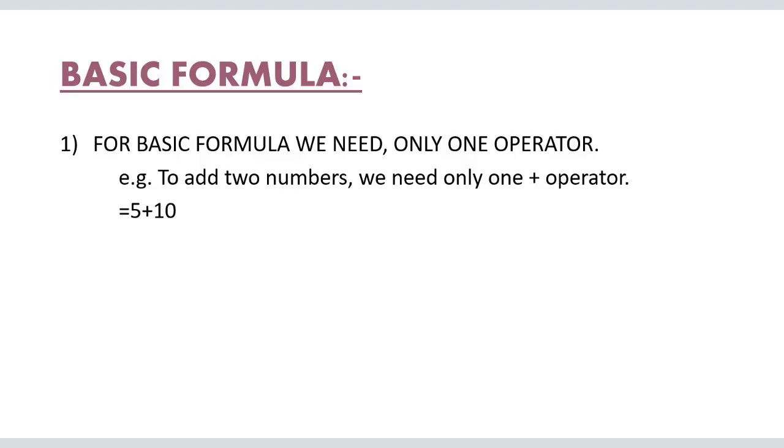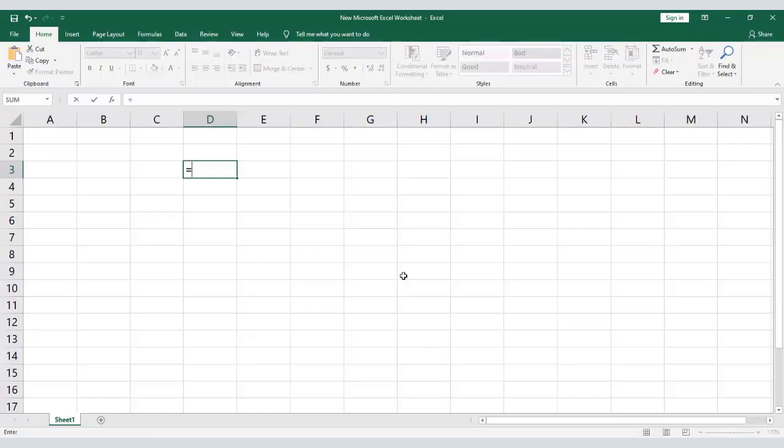I will show you here. Now I am going to add two numbers, 45 plus 34. The value is 79. So this we can call a basic formula, as we are using one operator, that is the plus operator.